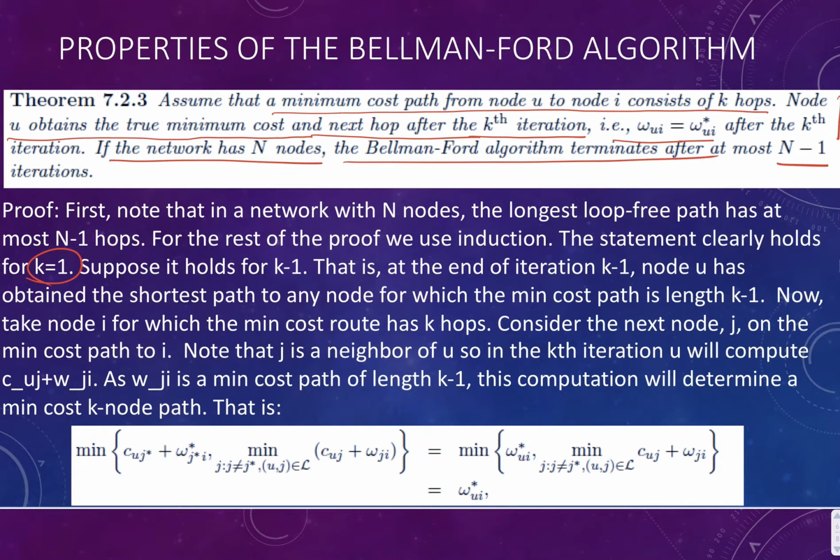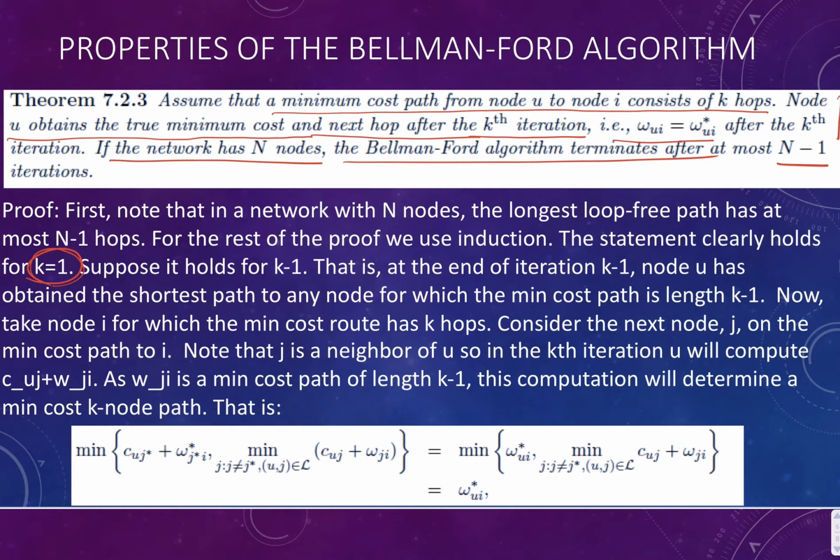And it will be obtained after the first iteration because in the first iteration, remember, we go to all the neighbors, and we reset their costs to their direct link costs.